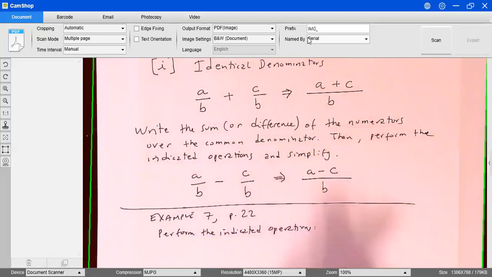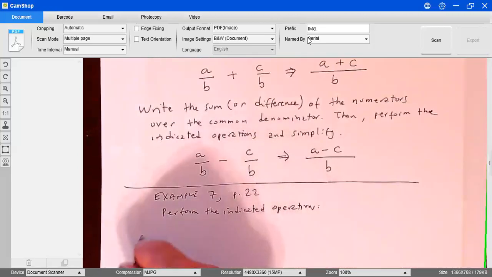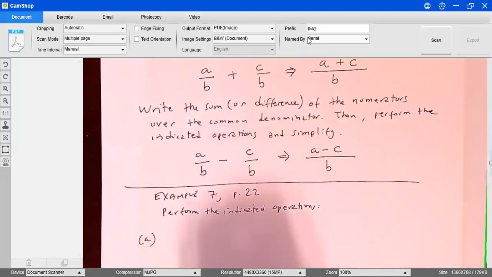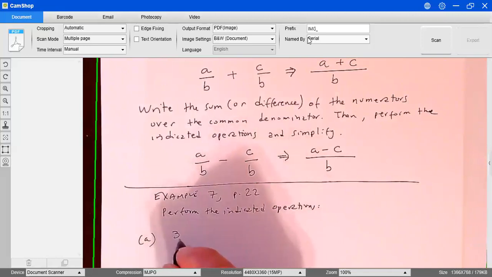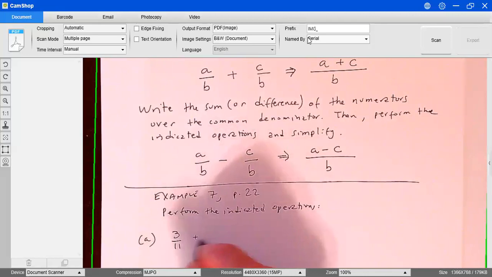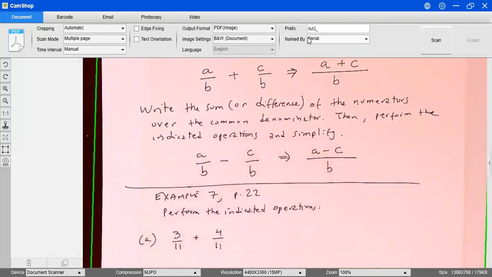So the first case is going to be 3 over 11 plus 4 over 11.